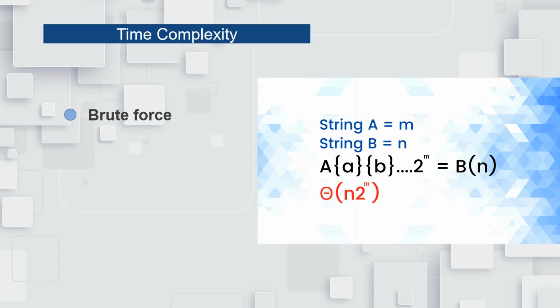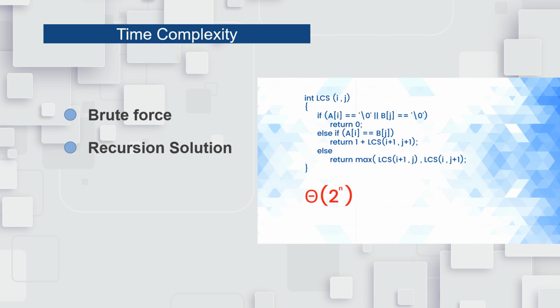Well then, let's look at the recursion solving method. Here we compare all the characters one by one using the recursion method. If the character matches, then we go for the next character in A and B. If they don't match, then we take the maximum length we can get by increasing A or by increasing B. And the recursion breaking condition is if we hit the null in either A or B while comparing, then we will return 0.